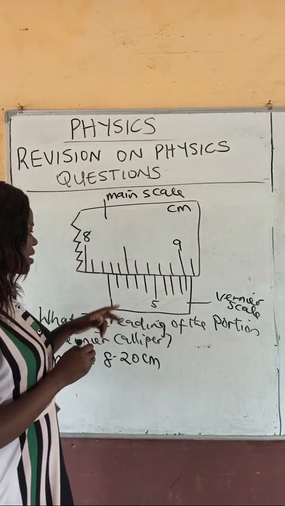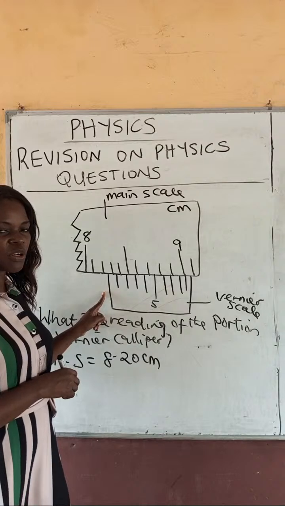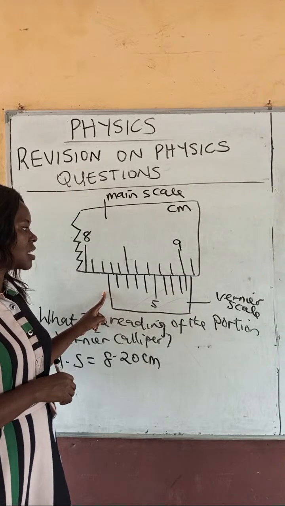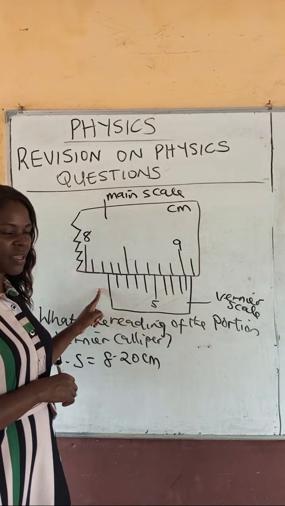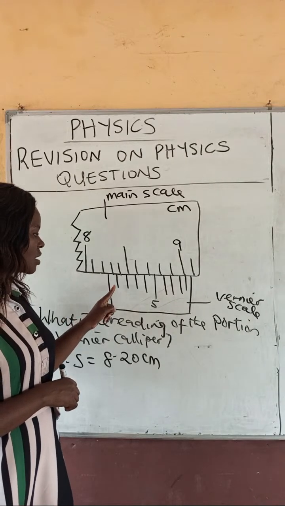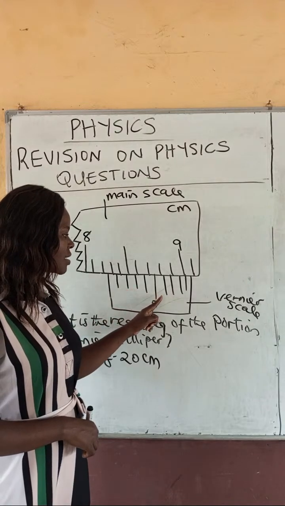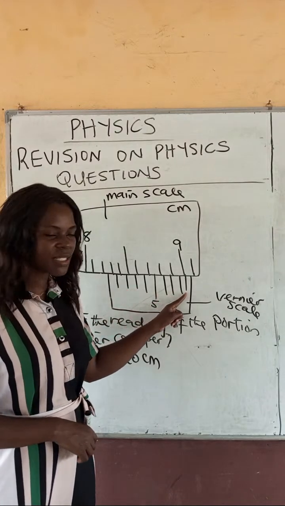Okay? Now for the Vernier scale, I will not count this line because this is the line that connects the main and the Vernier scale. Okay? So I'm going to start with this one. So I will go by saying this is 1, 2, 3, 4, 5, 6, 7, 8, 9.